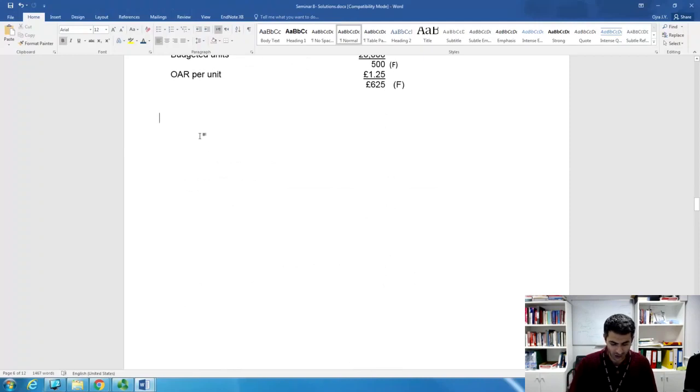Here we go. The first one, sales variances, and if you remember, it's divided into two. The first one is the sales price variance. The formula is: actual selling price per unit minus budgeted selling price per unit, in brackets.